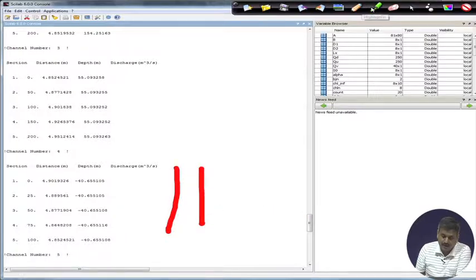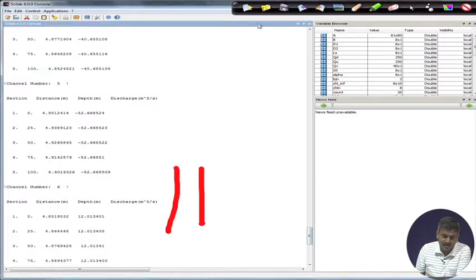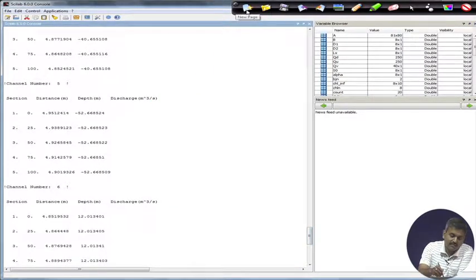Now, we can say that our code can consider the reverse flow situation in steady channel flow conditions.